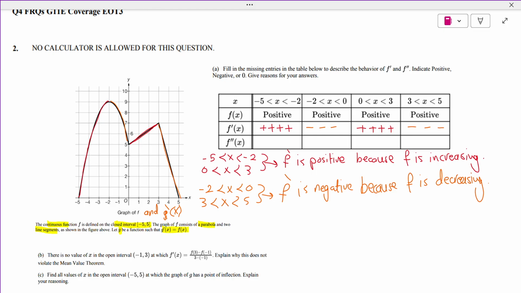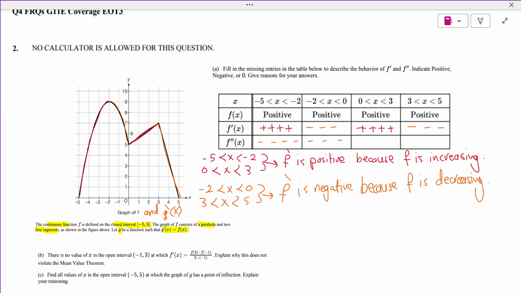Right? So, what about the second derivative? Okay, so from -5 all the way to -3, and from -3 to 0, I can see that the second derivative should be negative because the function is concave down, right?